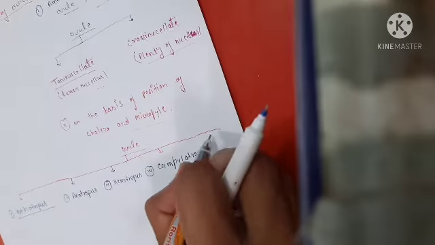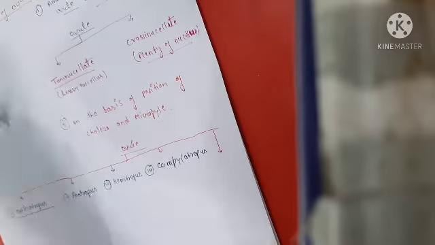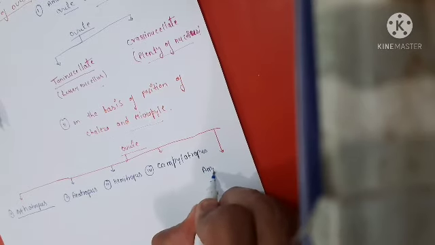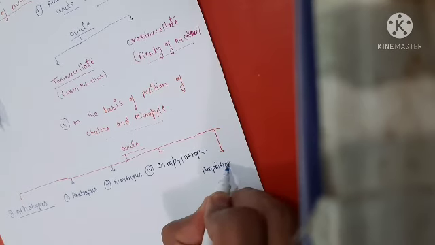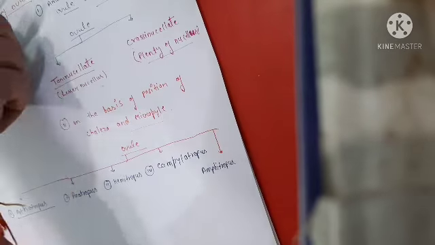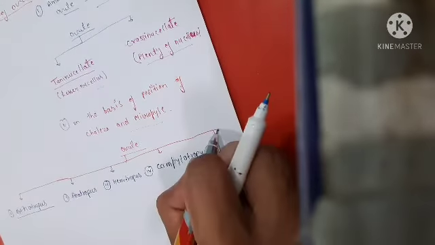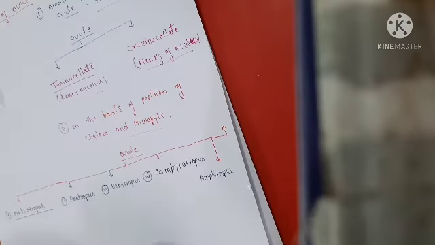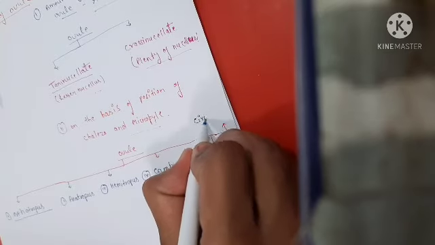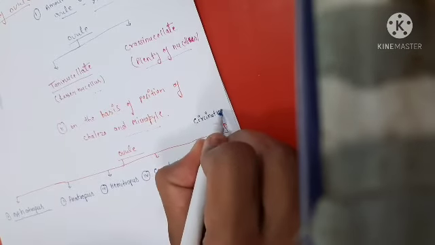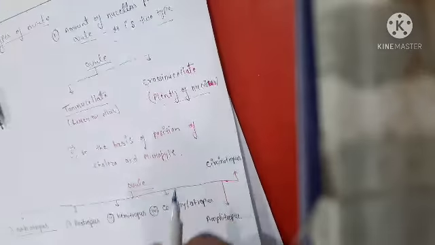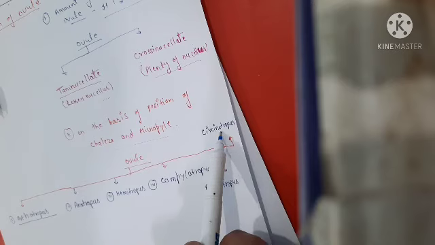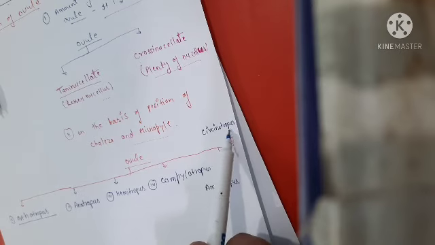Fifth one is called amphitropous. And the last one, sixth, is circinotropous. Okay friends, the spelling is C-I-R-C-I-N-O-T-R-O-P-O-U-S, circinotropous.